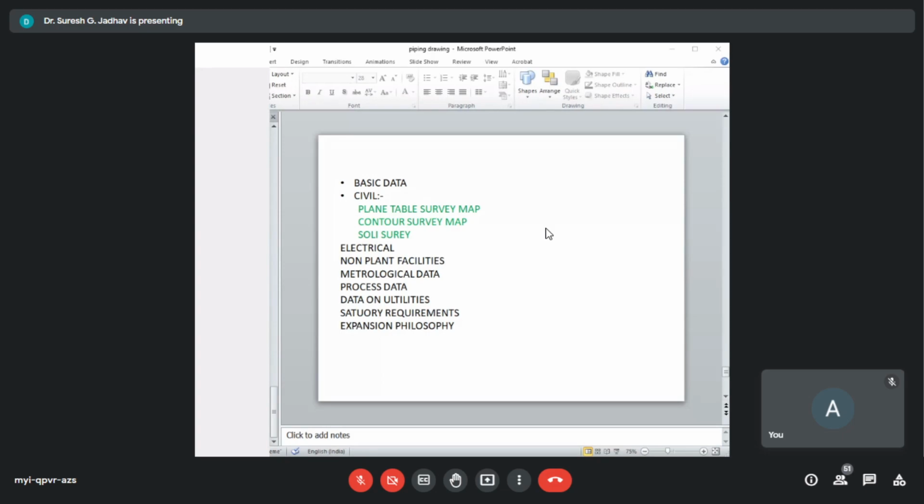Capacities and the grouping philosophy based on the nature of utilities.